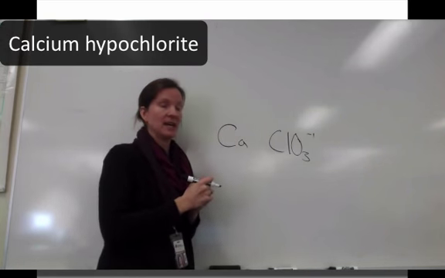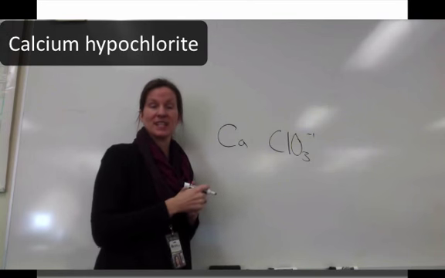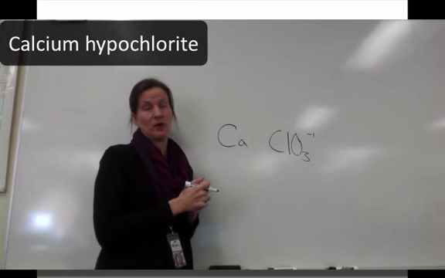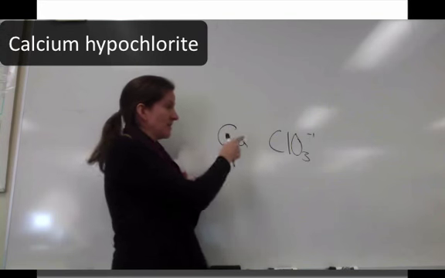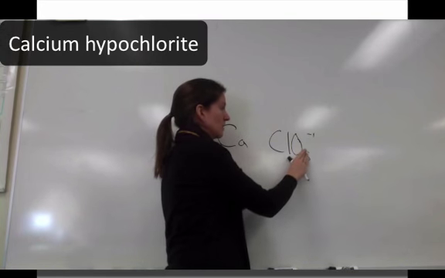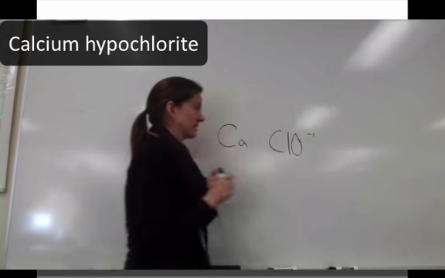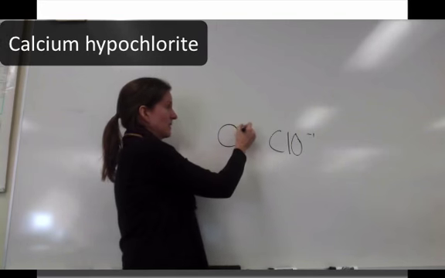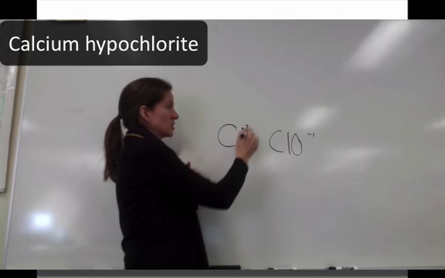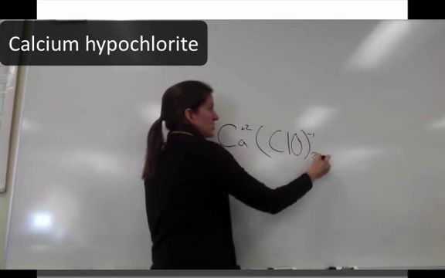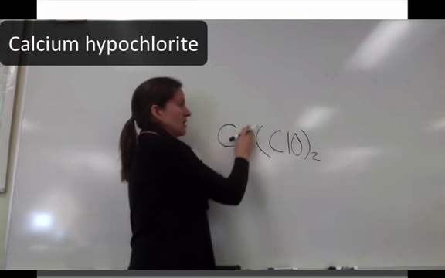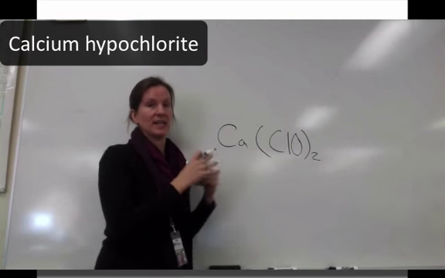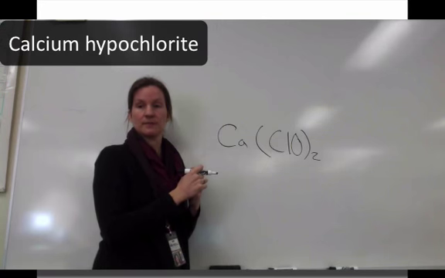Chlorite would be ClO2, but this isn't even those. This is hypochlorite, which is 2 less than the original, which would bring it down to just this. Calcium had a charge of +2, crisscross, bring the 2 as a subscript on the outside, erase my final charges, and that is calcium hypochlorite.